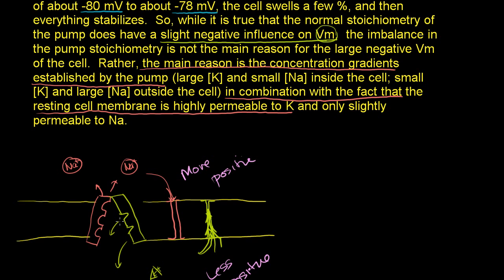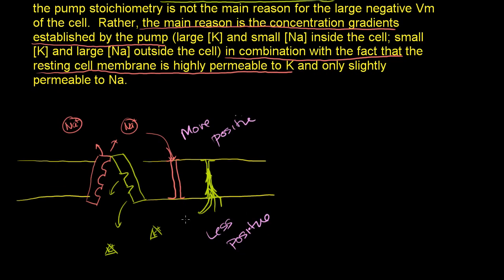So even if this was a 2-to-2 ratio, it's actually a 3-to-2, but even if this was a 2-to-2 ratio, even though this environment is more positive, you're just more likely to have potassium ions down here bump in just the right way to get across and get to the other side, go against its electrical pull, right? Because you have a higher concentration of potassium here than over here.